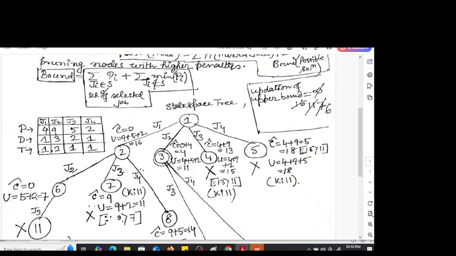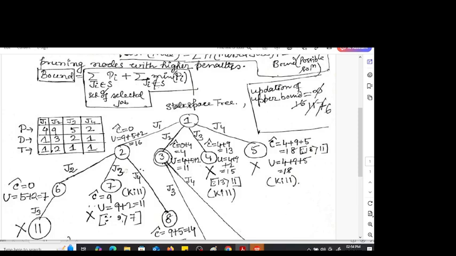So first, initially the upper bound will be infinity, and once we get a lower value than infinity, then we'll update it. So first we choose job one, J1. First, two things: one is the cost, another is the upper bound.